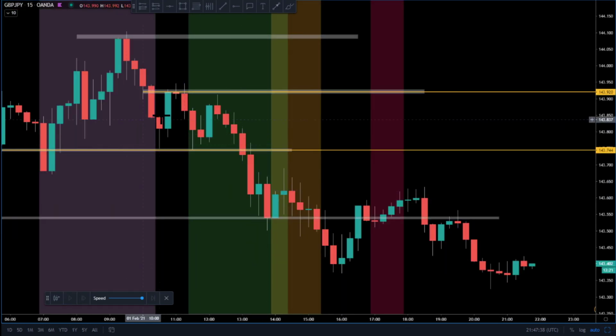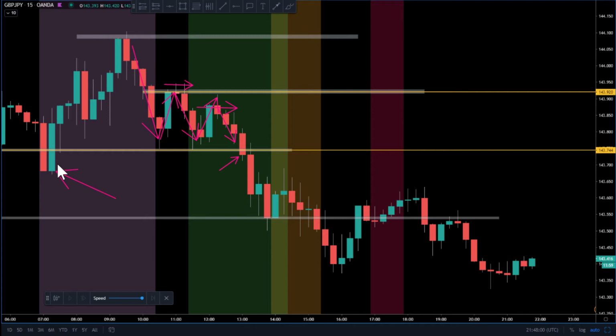So my confirmation was when price came down, made a lower high, came down, tested support, came up, still making lower highs. Price came down, and now waiting for this candle, this is the one that closed underneath support. I did have to be a little bit concerned about this.